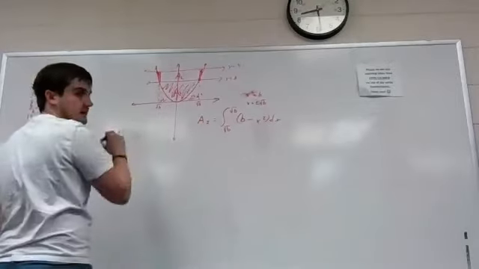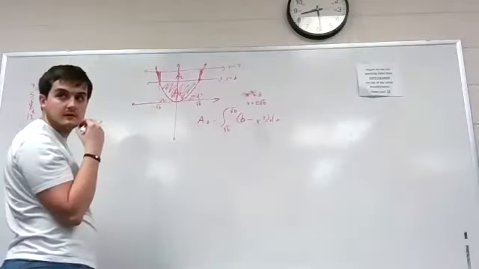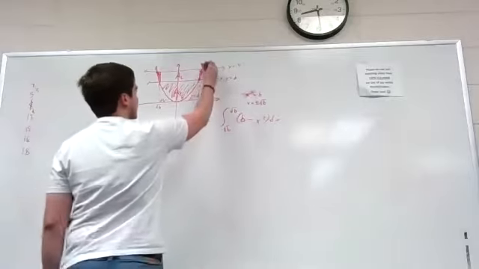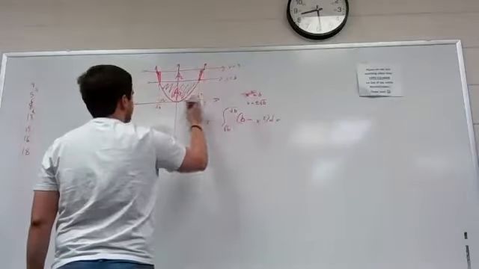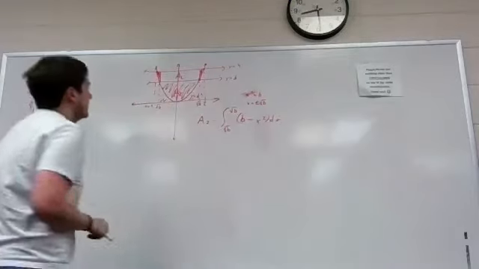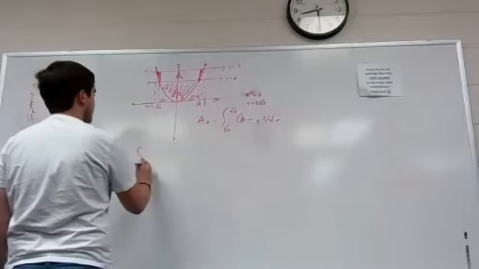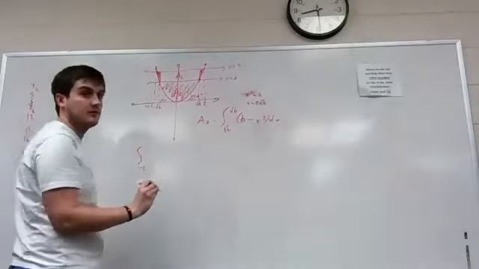What point is this right here? It's when x is 2 or minus 2. So this is x is 2 right here, and this is x is minus 2. So this first integral is going to be the integral from negative 2 to what?